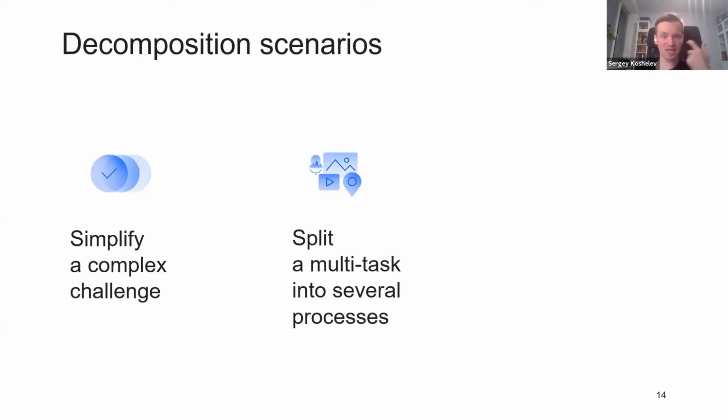The next popular case is when you have a multitask with several steps, and you can split it into several processes or projects, as we call them. For example, if you want to assess or outline some objects in a data set of pictures, and your data is very raw, you can just cram everything into one project, like ask whether this image even contains this object or not.